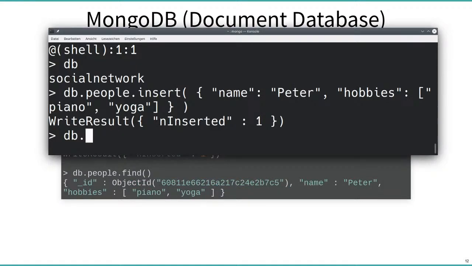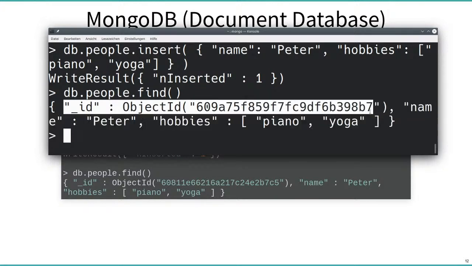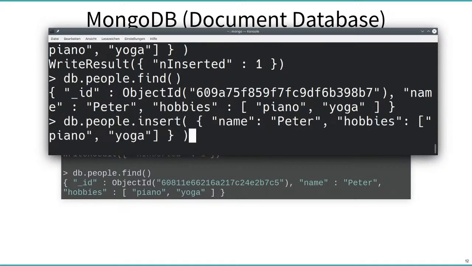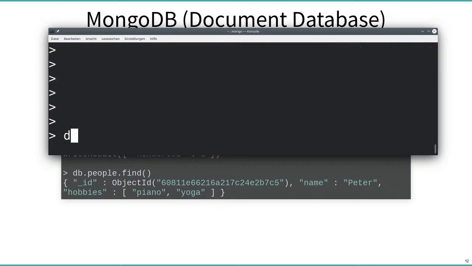So db.people.find shows me this new document and the _id is now inserted. If I insert another document, let's say db.people.insert, and now I set the _id to 5 and name is Paul.